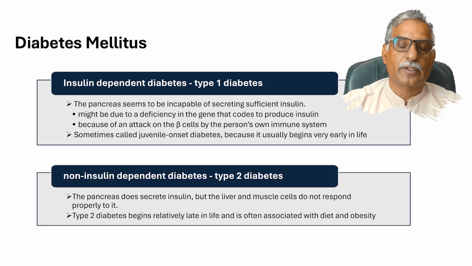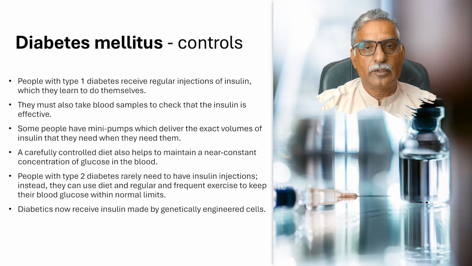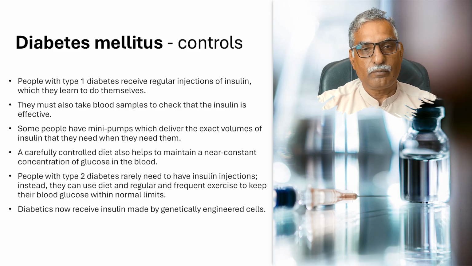So in both of the cases, how are the patients going to respond? In case of type 1 diabetes, the patients need external intake of insulin. They can collect it from the stores, they can consult the health authorities, and a particular dosage of insulin is suggested to them, and they even learn to inject insulin by themselves.